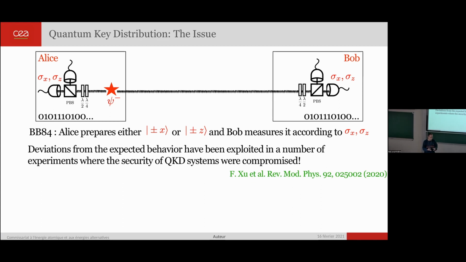But if you are able somehow to bring this apparatus to perform in a different regime, it will do something very different. And this is what those attacks are basically doing: making the devices operate differently than what they were meant to be doing.